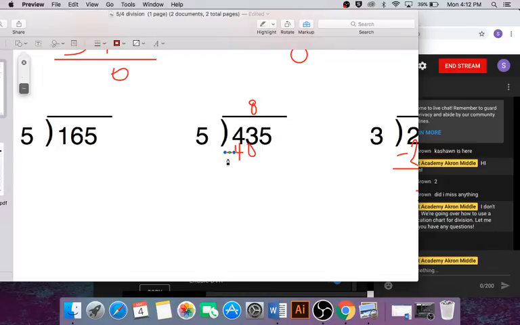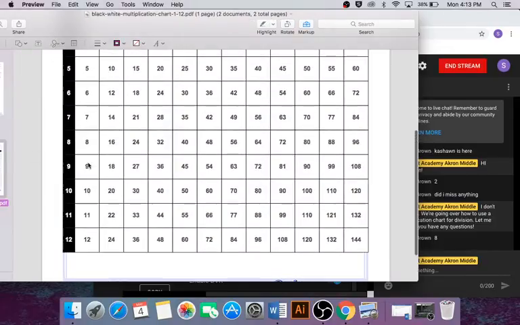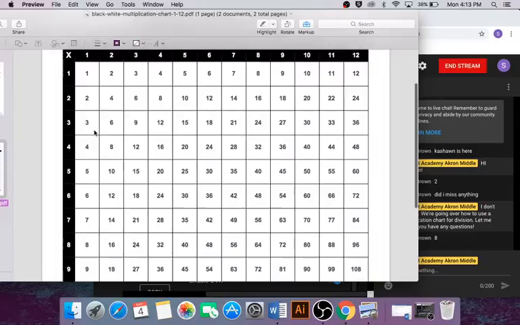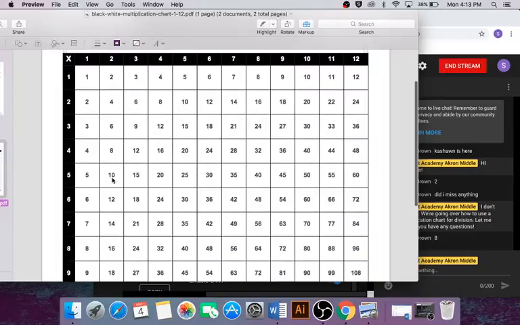We're going to subtract. So we have 43 minus 40 gives us 3. We're going to bring down the 5. Good job, Kashawn. Now we need to see how many times 5 goes into 35 without going over. So we go back to our multiplication chart. We go through our 5 times table. Oh, and here's 35.